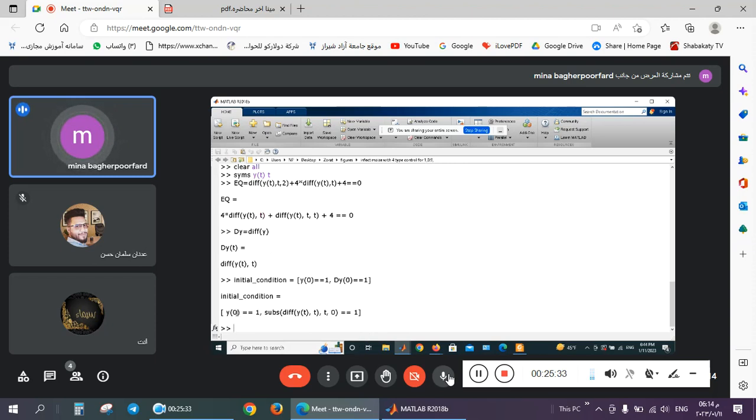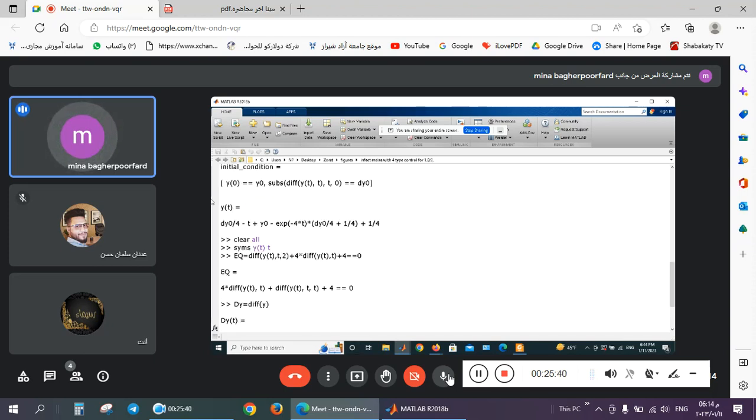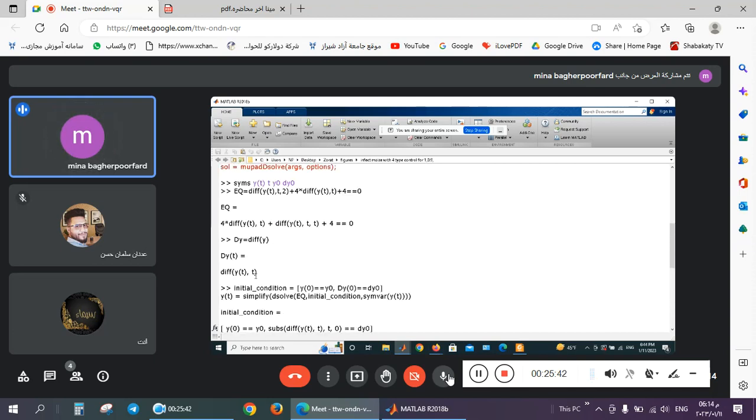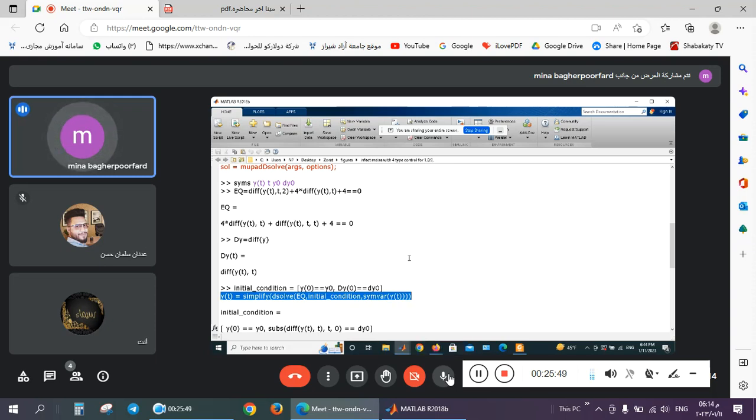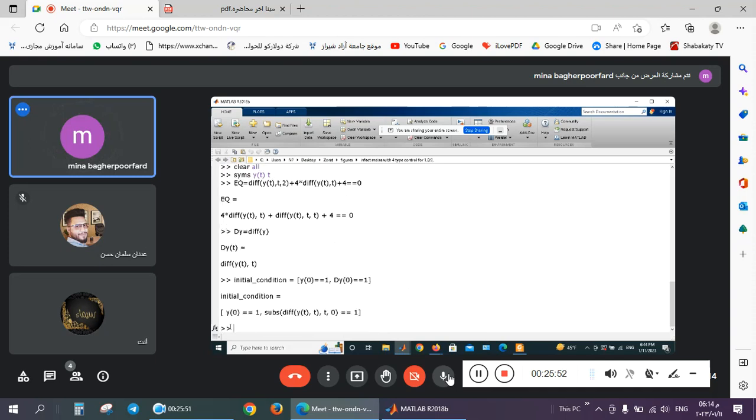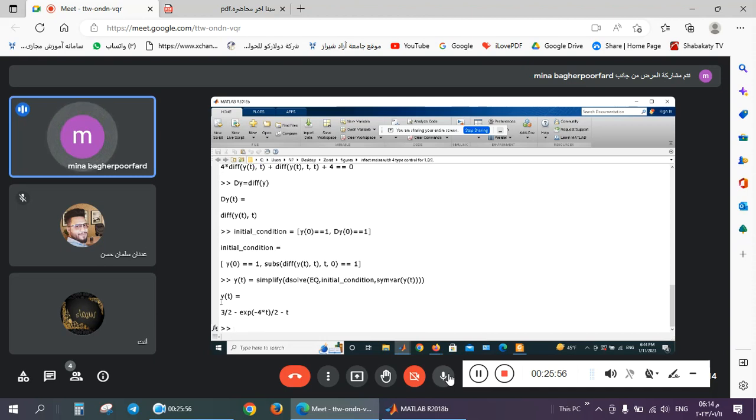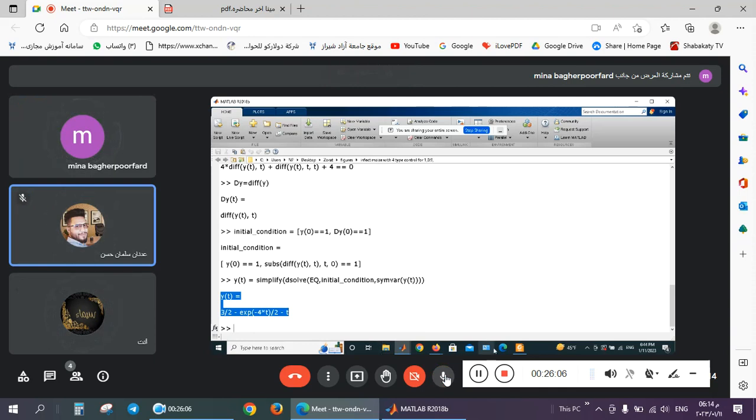The value for y0 and y prime at 0 is 1. After that, I solve my equation, and I use this line: simplify dsolve with respect to y(t). And this is the solution of our equation. Okay, everybody? Is it okay?